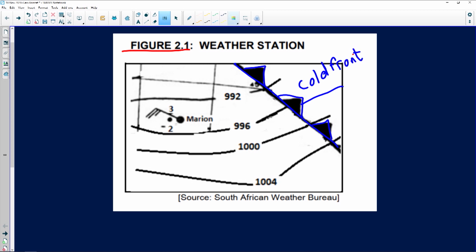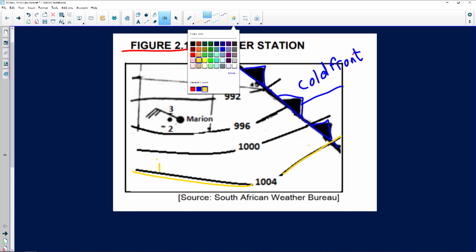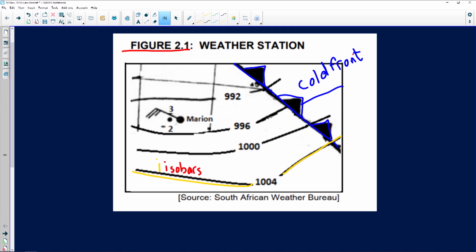Okay, now what do we call these lines? As you can see, these lines are known as, sorry, you can't probably see it at home, let me just use a red pen. These lines are known as isobars, and the definition of isobars is lines joining places with equal pressure.